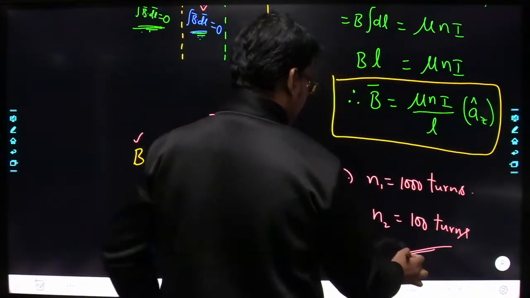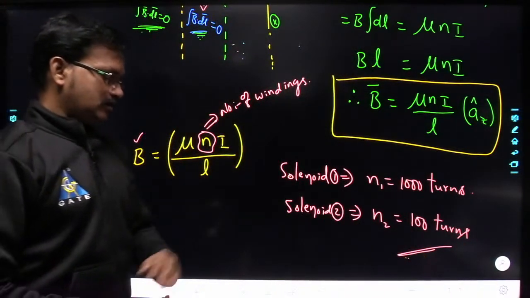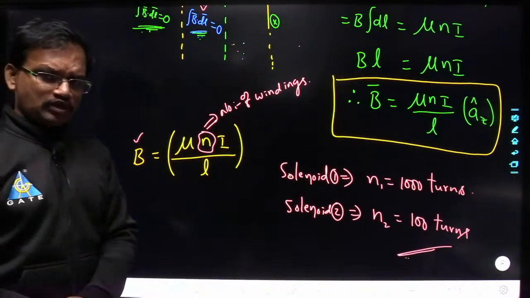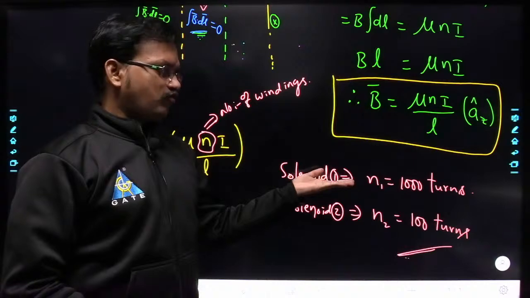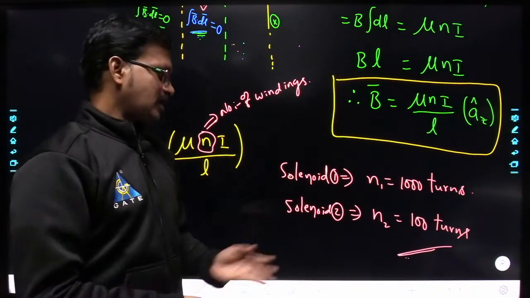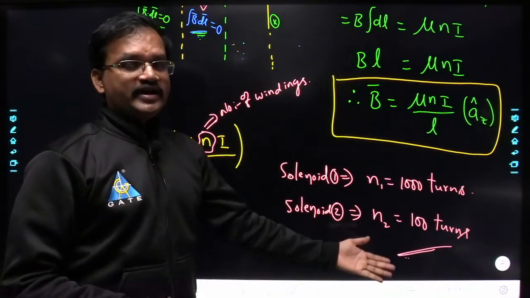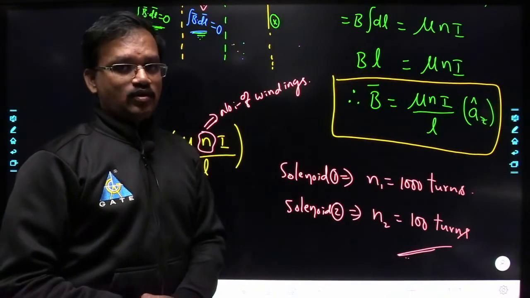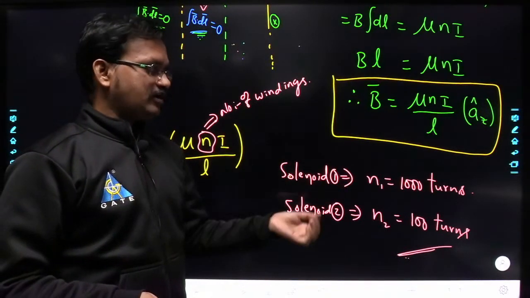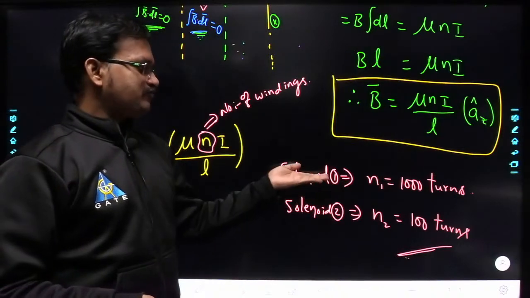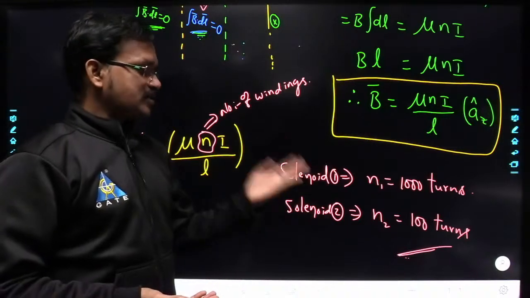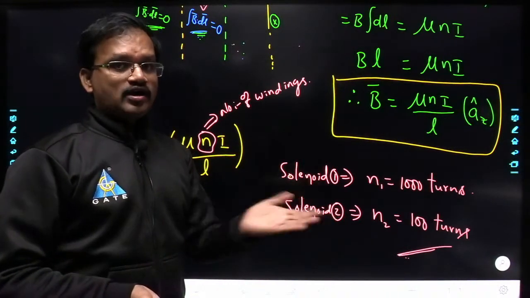Now if I ask students in which case the B field is going to be more, that means solenoid 1 has 1000 turns, that is 1000 windings, and solenoid 2 has 100 turns.